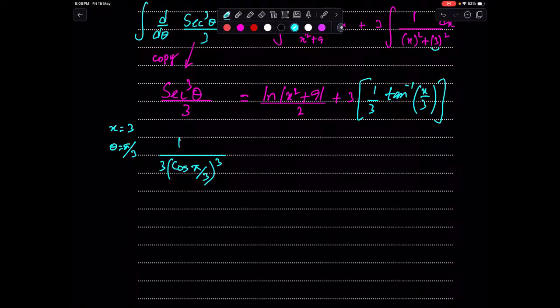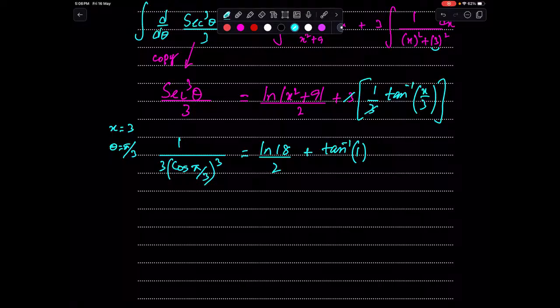The reciprocal of sec is cos. x is 3, so we will get 18 here over 2. These 3's will be cancelled. So tan inverse 1, since 3 upon 3 is 1. Cos pi by 3 is half.